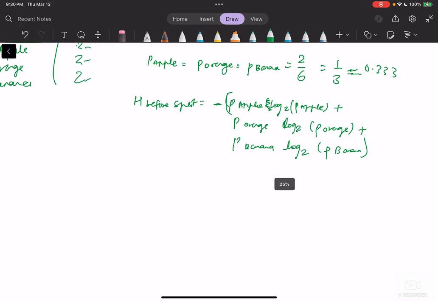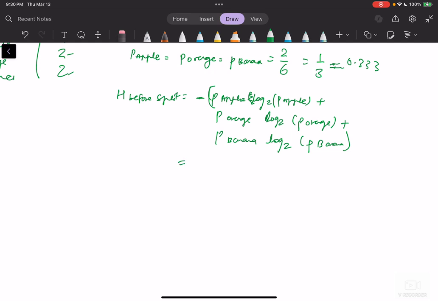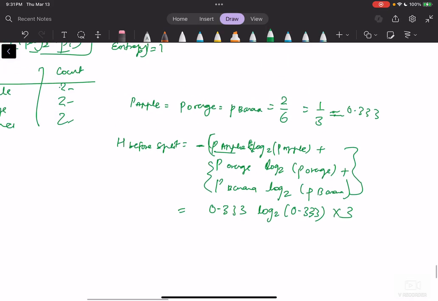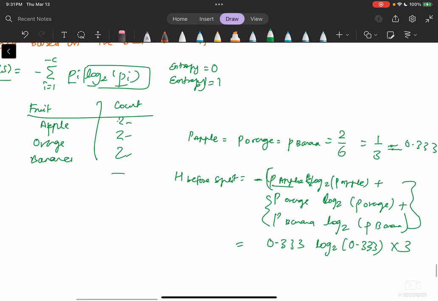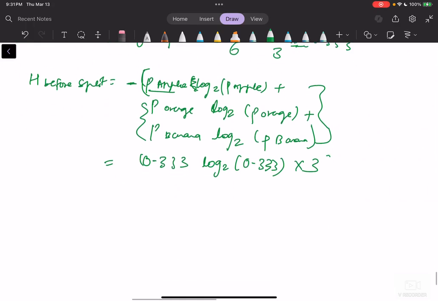If I do the math, P apple is 0.333 log 2 0.333, and I'm going to multiply by 3 because all of them have the same value just for this data set, not always true. So that's our entropy before split.